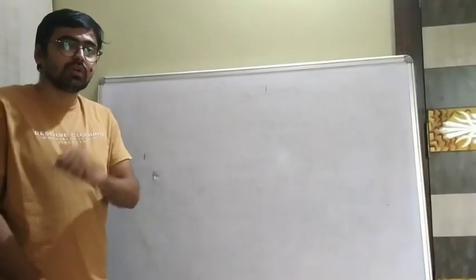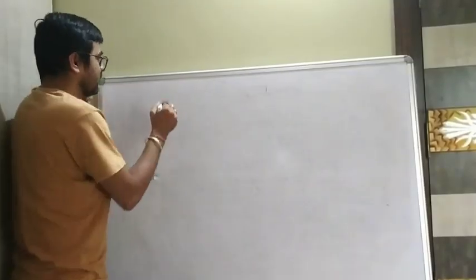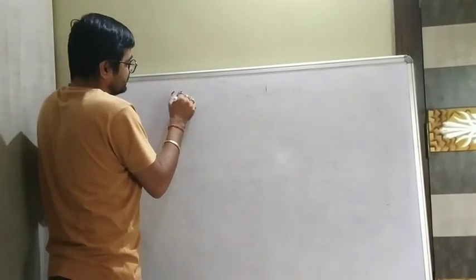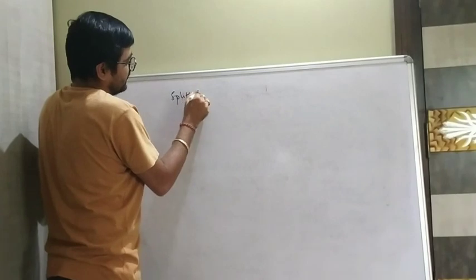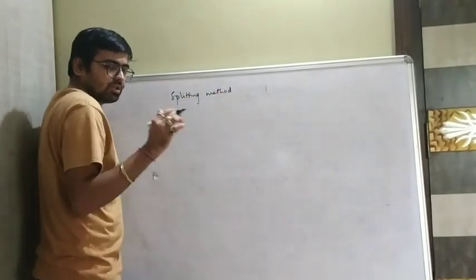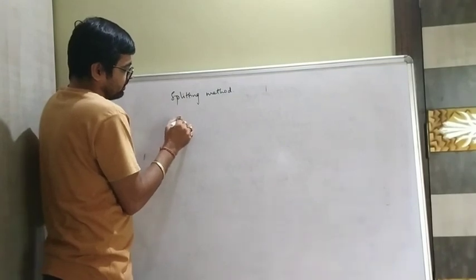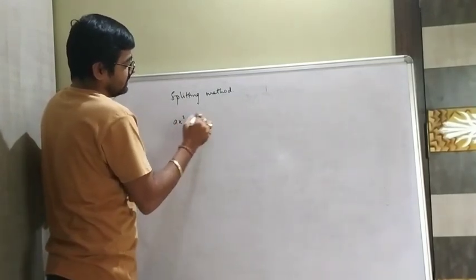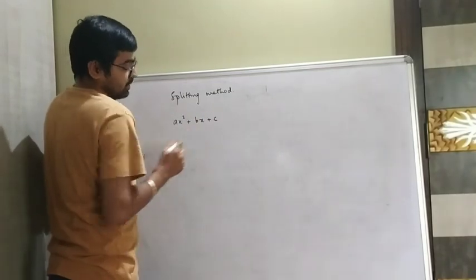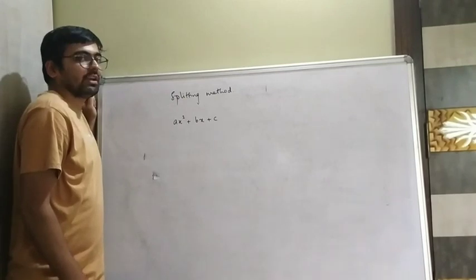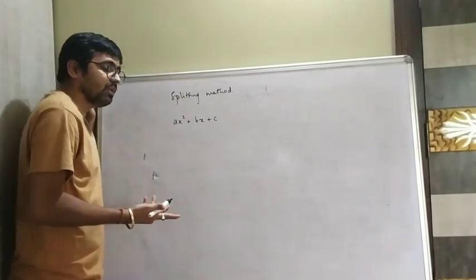Now let's go towards the splitting method. Correct? We already understood that in our lower standard, but still, what is a splitting method? This method is for factorization. So suppose you have a quadratic polynomial, something like this, ax square plus bx plus c. And if I want to find the factors of this, then how were we doing it?